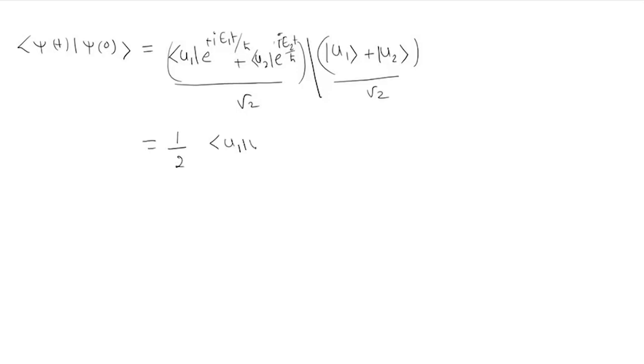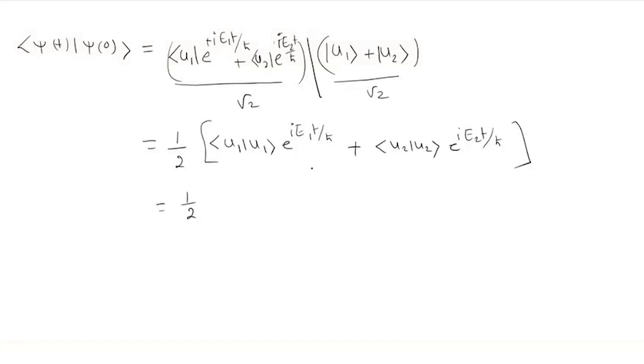The surviving terms are U1, U1 with i e1 t over h cross plus U2, U2 with i e2 t over h cross, and this gives you half.